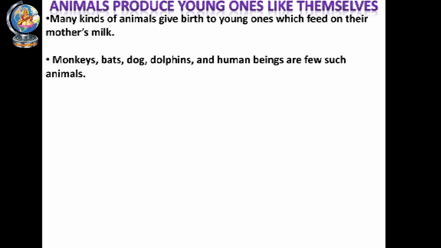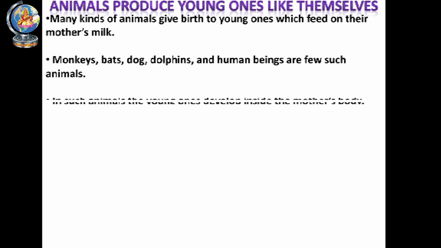Monkey, bat, dog, dolphins and human beings are a few such animals that give birth to young ones. I told you that bats can fly, but they give birth to young ones. They do not lay eggs. That is why bats are in the mammals category.